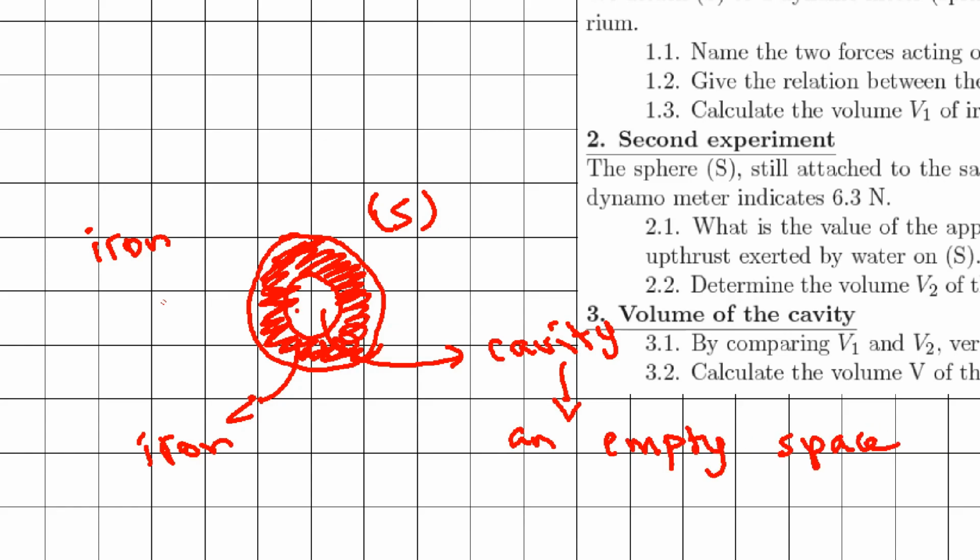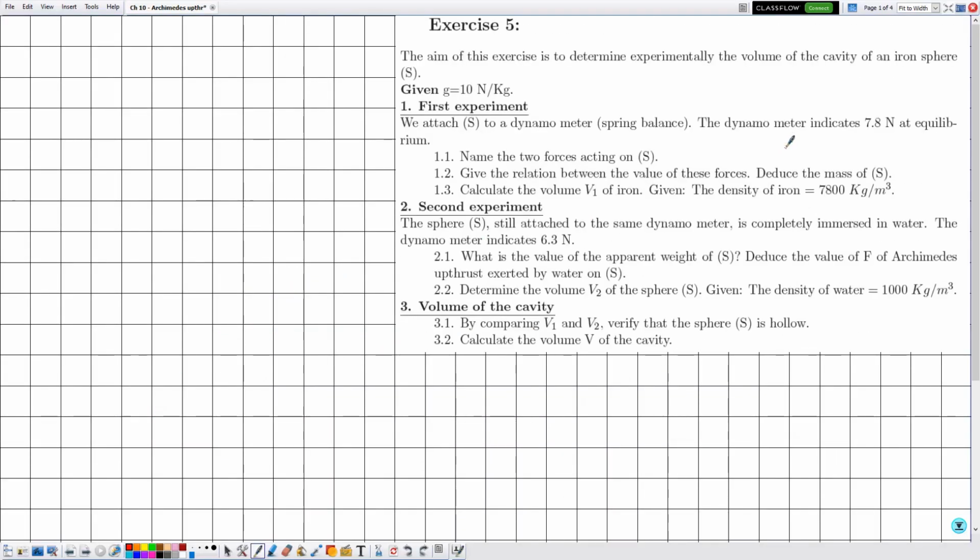So in this case, this empty space is at the center of the sphere. So looking at the sphere from outside, one cannot distinguish whether this sphere is completely made up of iron or no. In other words, whether it has a cavity or no. And the aim of this exercise is to determine whether this iron sphere has a cavity or no.